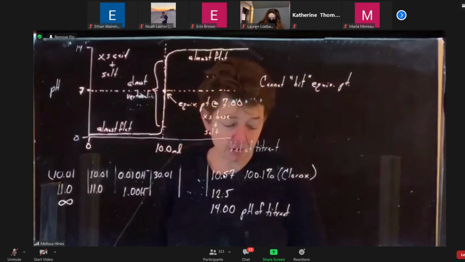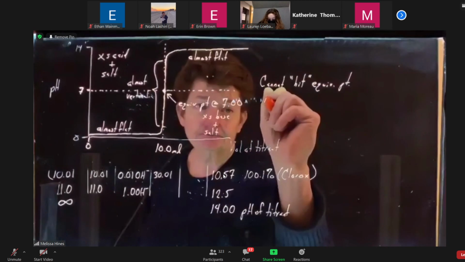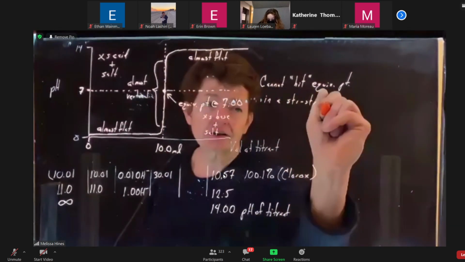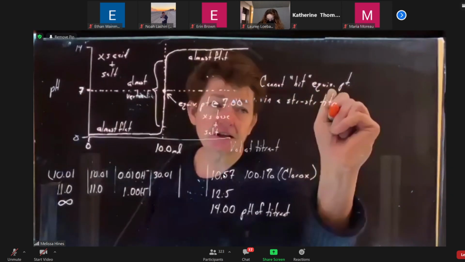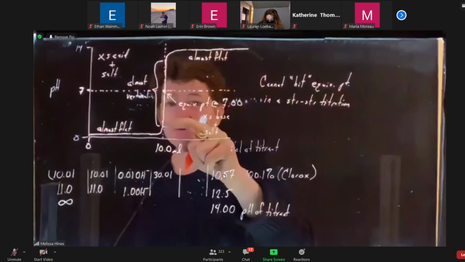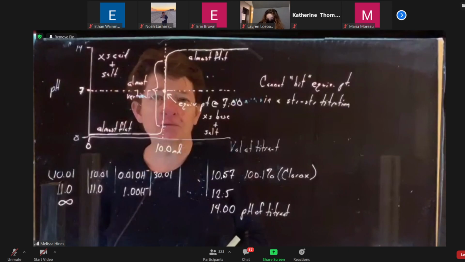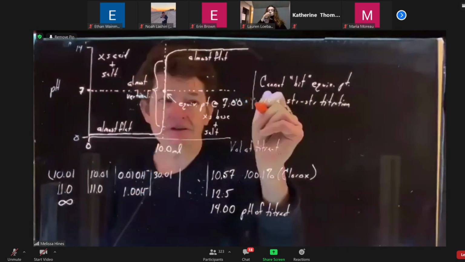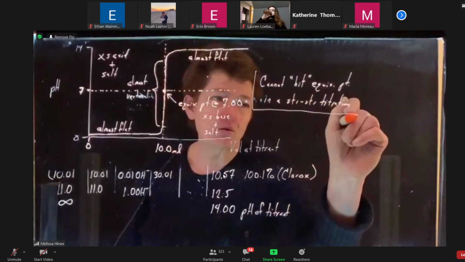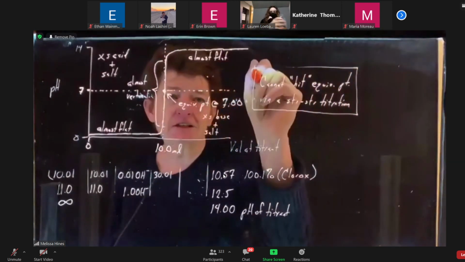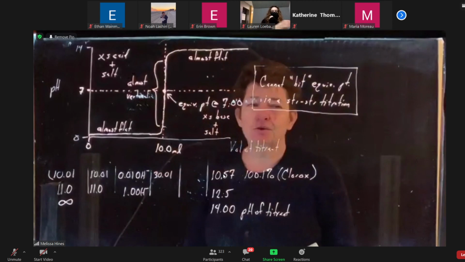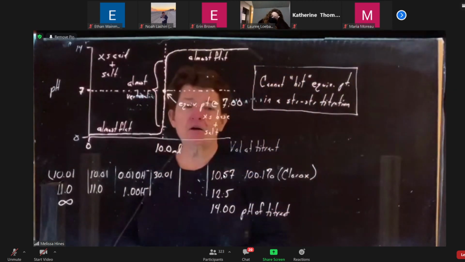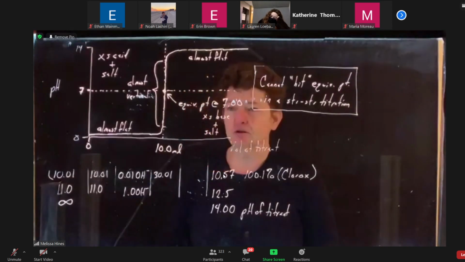So you can't hit your equivalence point in a strong titration. And the reason is because this part of the curve changes so dramatically over a very small amount of added, in this case, base. So remember this when you go into the lab this week and next week. This is very important. Okay, so that's what a strong titration looks like.